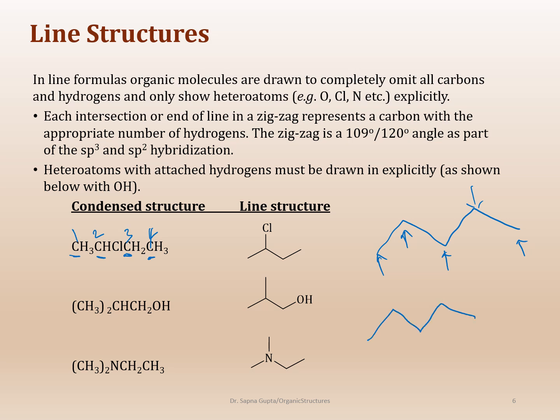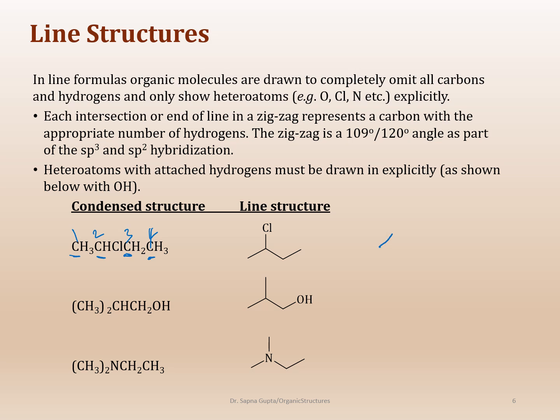What you're doing with that 1, 2, 3, 4 is you're not drawing 4 bonds, you're drawing 4 carbons. So your counting should be good. When you start counting, initially it's going to be maybe a little difficult, but you'll get used to it.